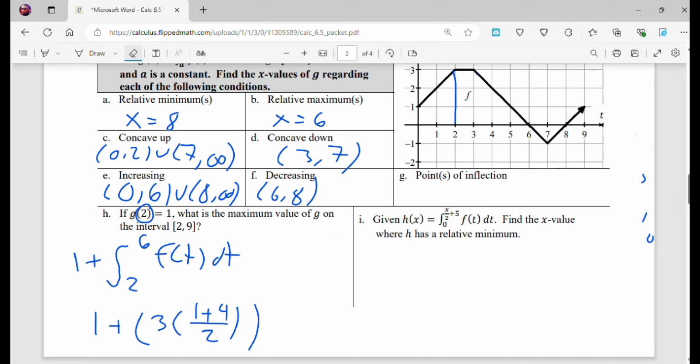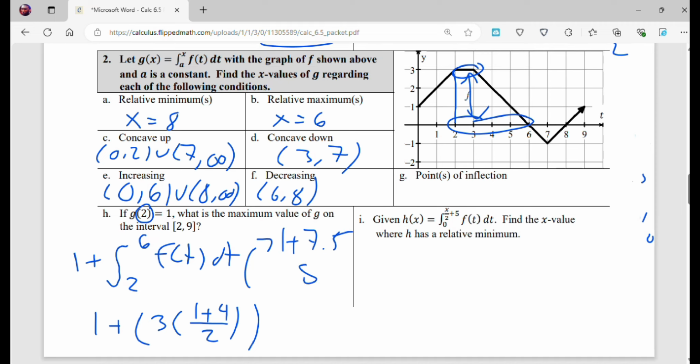So 3 is our width. L1 is 1. L2 from 2 to 6 is 4. So 1 plus 4 is 5. 5 divided by 2 is 2.5. 3 times 2.5 is 7.5. 1 plus 7.5 is 8.5.